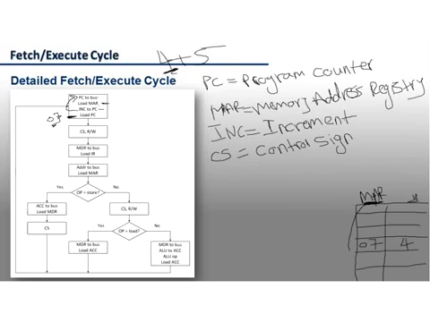Now, again, what is the job of the control signal? You tell me. What is the job of the control signal? You can tell from here. What did I say about the control signal?